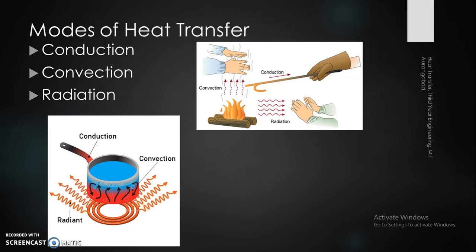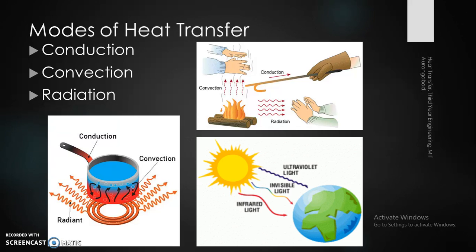Let's consider one more example: boiling of water in a pan. In such an example, the coil heats the vessel, and the vessel gets heated and its handles as well. This is because of conduction, whereas the water inside the pan gets heated because of convection, and electromagnetic rays continuously leave the coil. That is radiation.